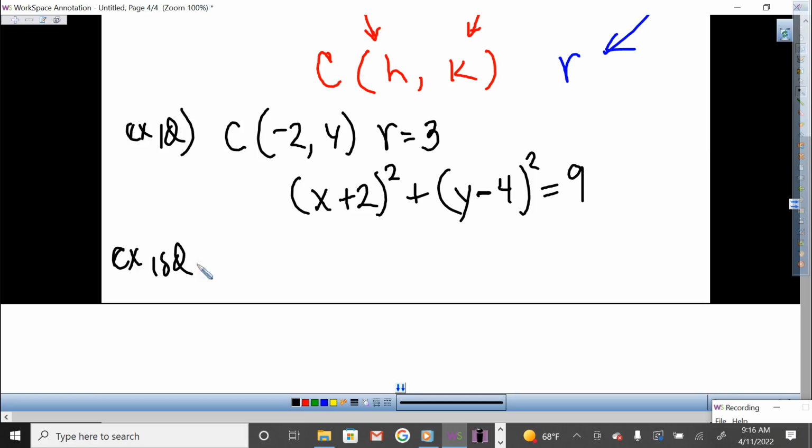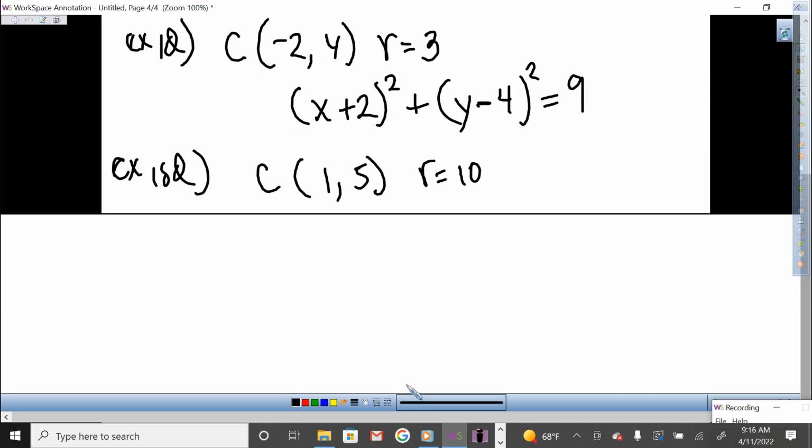Example 1 super cube. Center 1, 5. Radius 10. All right. Tell your neighbor what you got for that.